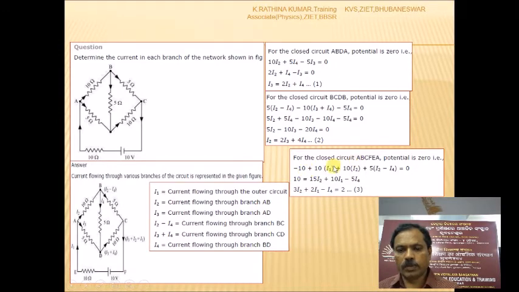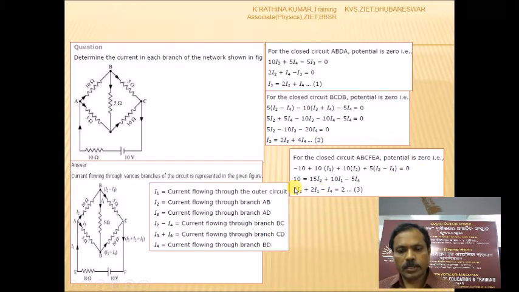So let us start from this AB: minus 10 plus 10 into I1, then plus 10 into I2, see the diagram, plus 5 into I2 minus I4 is equal to 0.